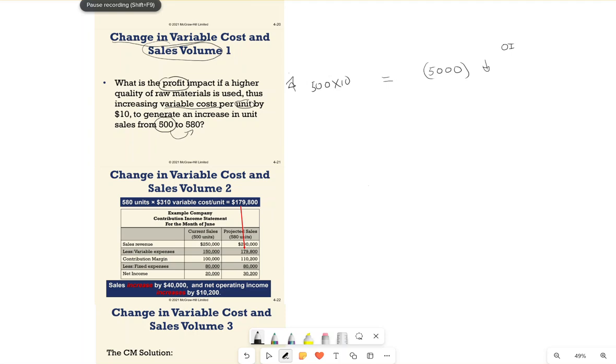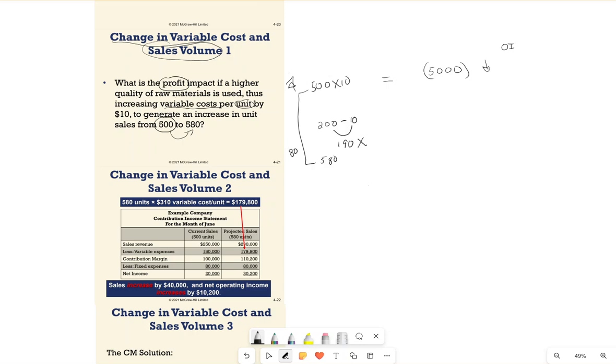Now, they said our original contribution margin was 200. Because of the variable cost change, our contribution margin will decrease by 10. So my new contribution margin will be $190 per unit, and the change in volume from the old to the new is 80.